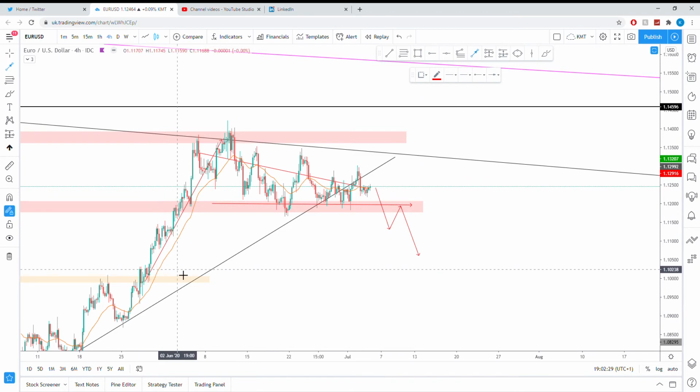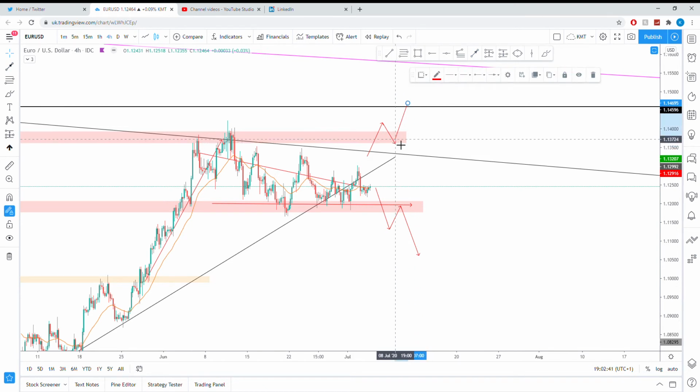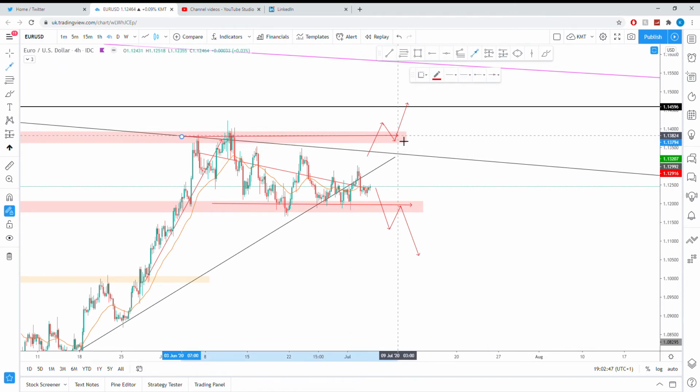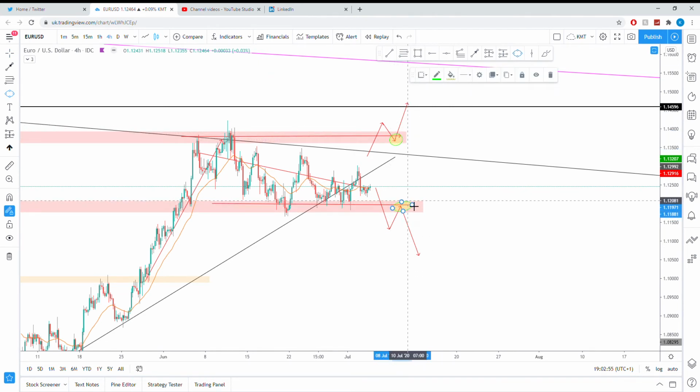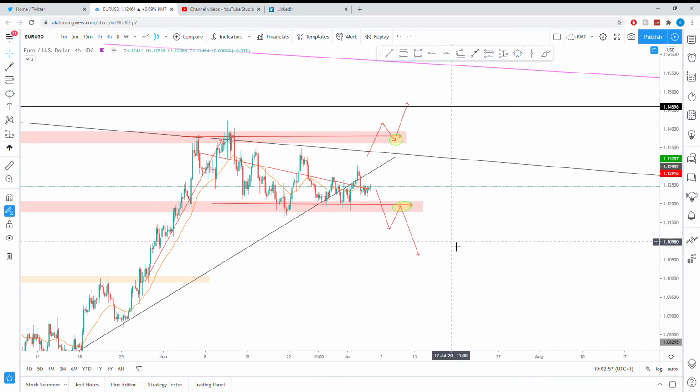But likely, what I'm thinking is, we had this huge push to the upside, and this is a temporary break. I'm looking more towards the upside bias, but again, I'm not predicting this. I'm just waiting for price, if it does get above this level, then I will consider my buys. Remember that the retest is the very important part of deciding, for the long term, that this is going to push in either direction.